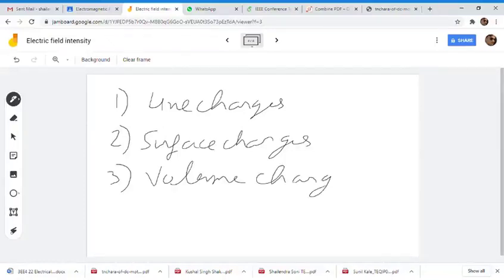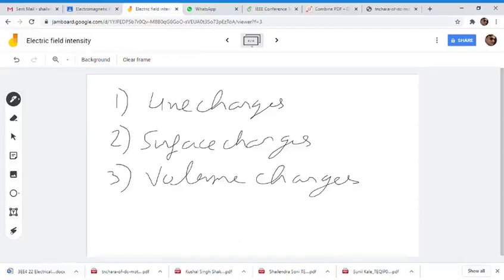Line charges means the charge will be distributed on a line throughout. Surface charge means the charges will be distributed on a plane, on a surface. And third, the charges will be distributed in space, in 3D.